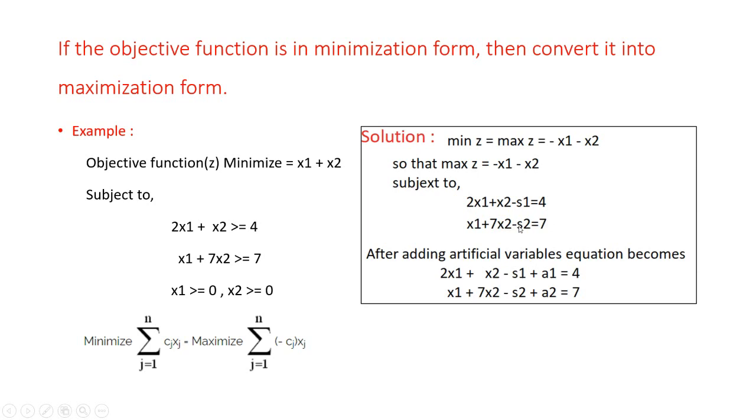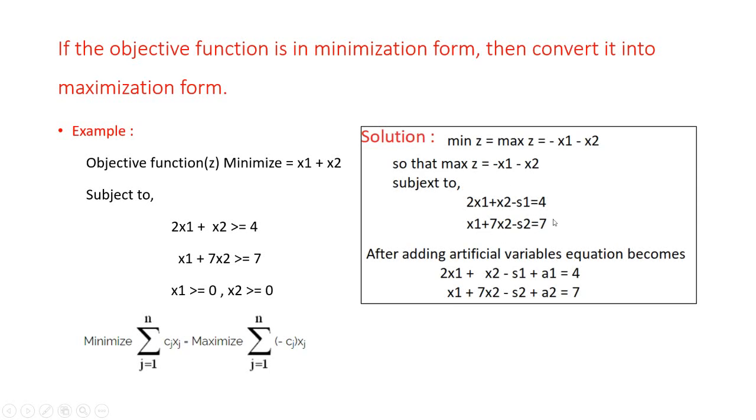After adding the surplus variables, we have to add artificial variables. After adding the artificial variables, the equation becomes 2x1 plus x2 minus s1 plus a1 equal to 4, and for the second equation I add a2 as an artificial variable. So why do we use artificial variables here?